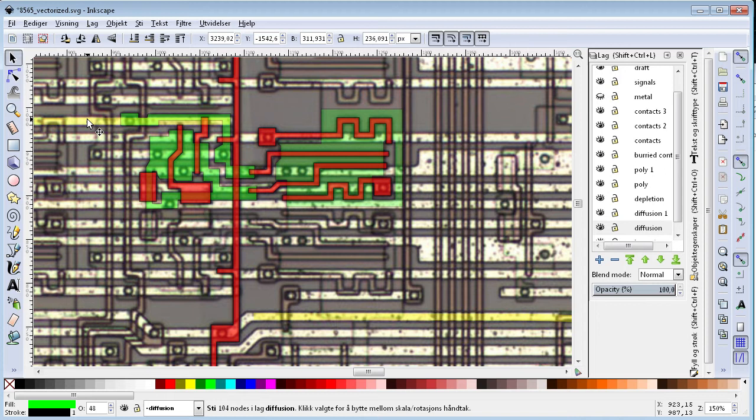But if it's a write, then I think this one is on, such that this part here is, you see the contact there between the metal and the diffusion, or the green diffusion.